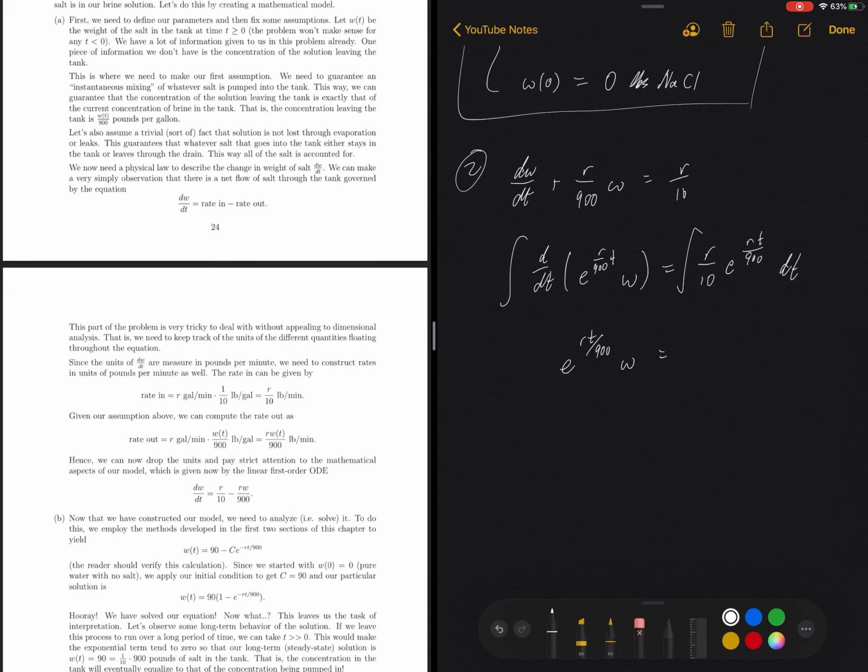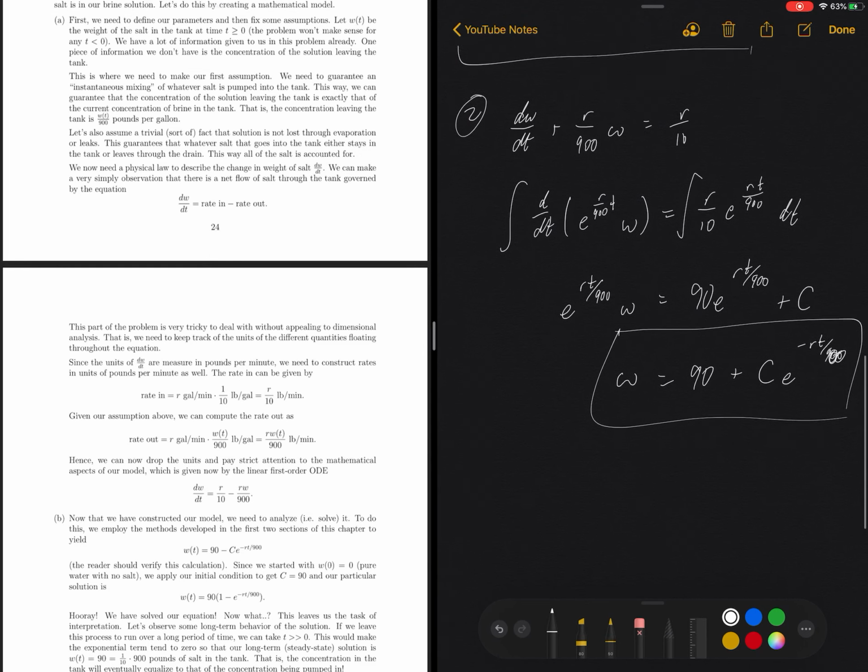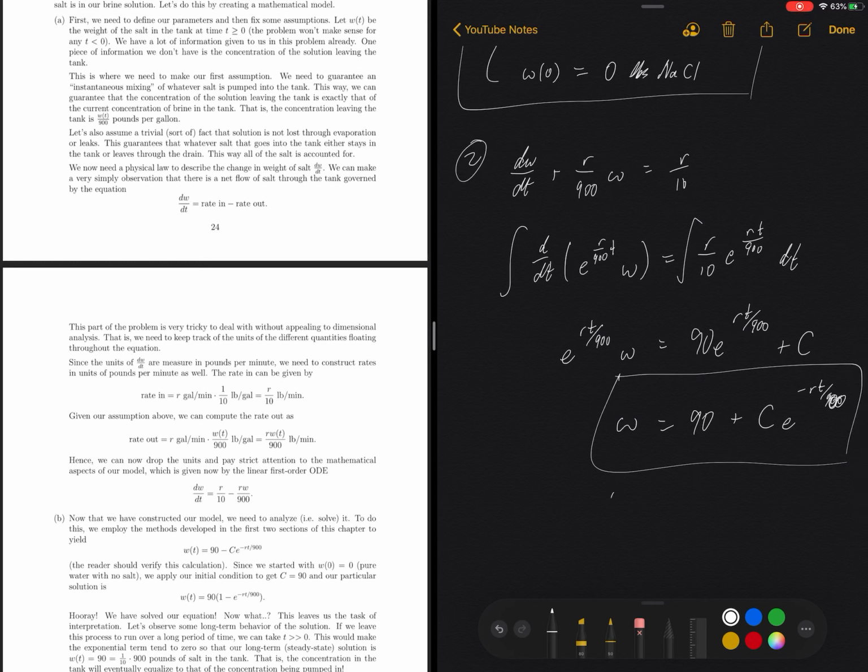I can integrate both sides with respect to t and wind up with e to the RT over 900 times W equal to, if I'm careful with my division here, 90 e to the RT over 900 plus an integrating constant, and I divide through by this e to the RT. Is that 9? No, it's 90. Plus c e to the minus RT over 900, not 960, that is a 900.